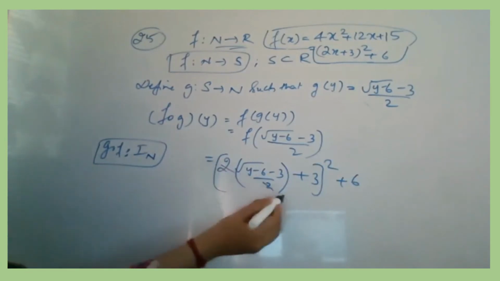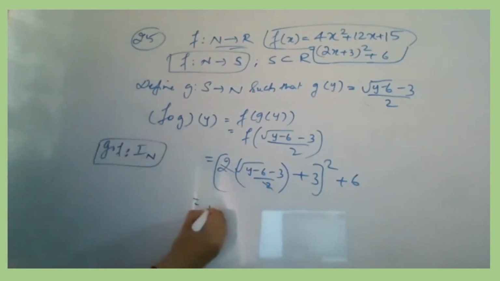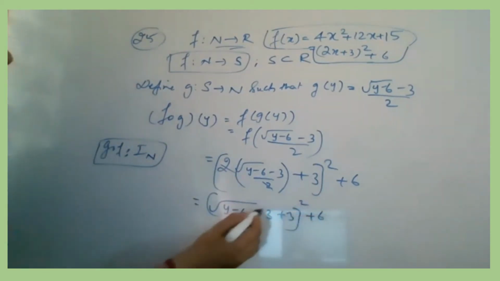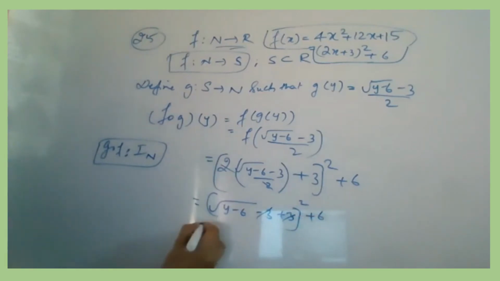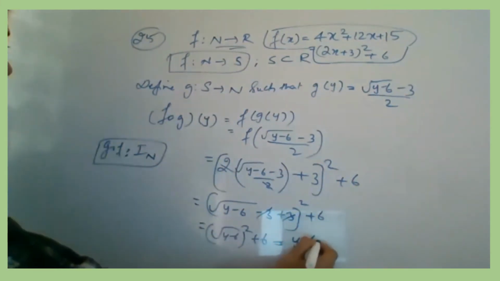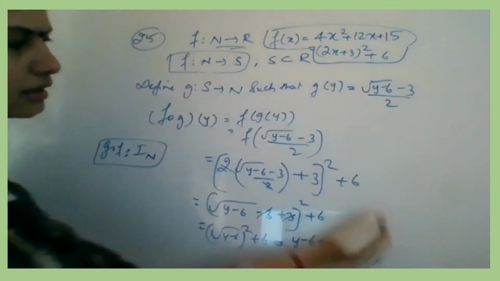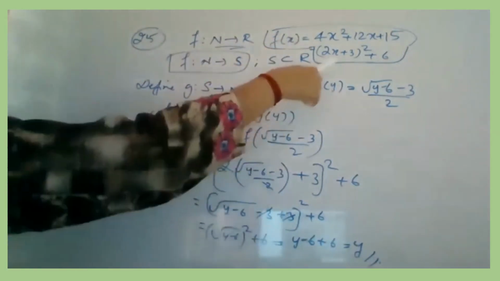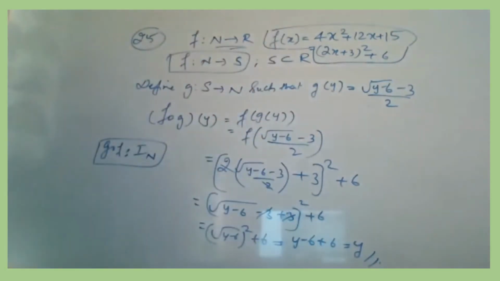So this 2 cancels first. Here your expression becomes root of y minus 6 minus 3 plus 3, whole square plus 6. Correct? Now these two cancel. You'll get root of y minus 6, the whole square, plus 6. Again, root and square will cancel, so we get y minus 6 plus 6, which is y. If you use the other definition it will become very difficult, so use this one, which you have altered.